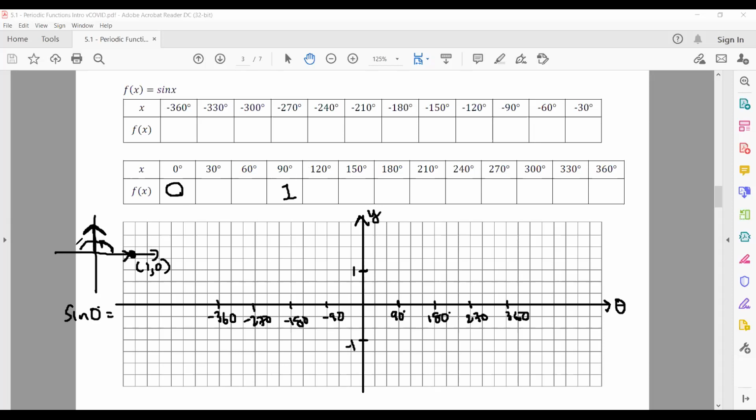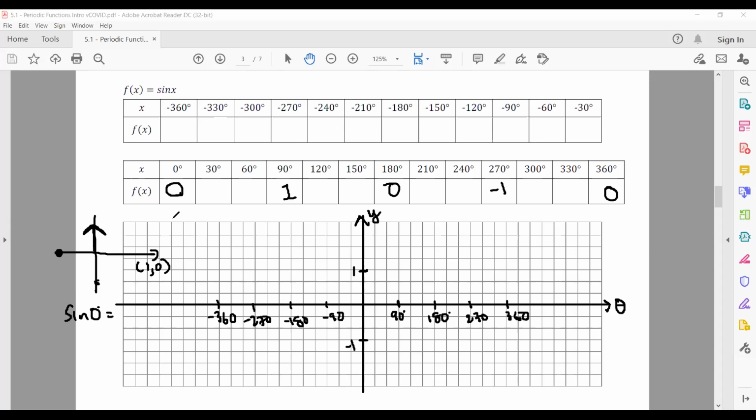And if I rotate 180 degrees and my point is now here, what's my y value? 0. And then I rotate 270, what's my y value? Negative 1. And then if I rotate all the way back to my starting point, my y value becomes a 0.